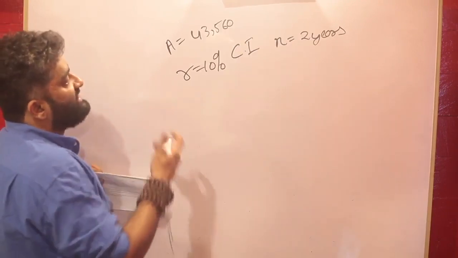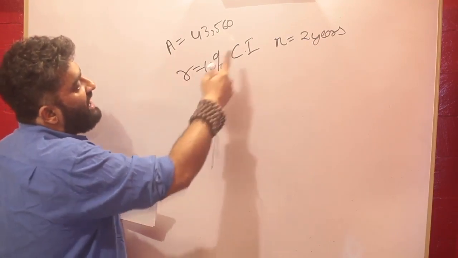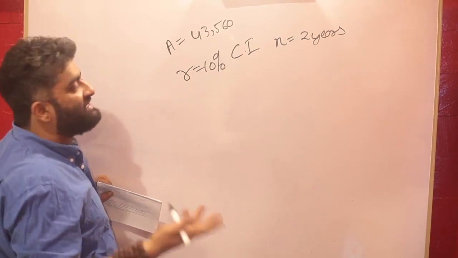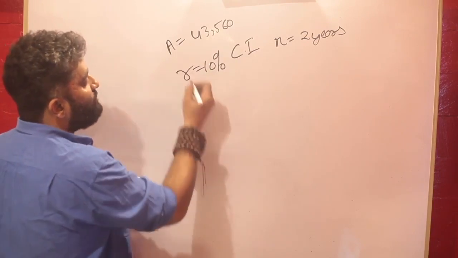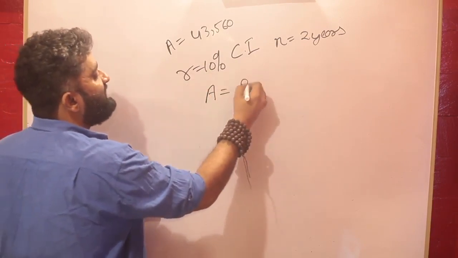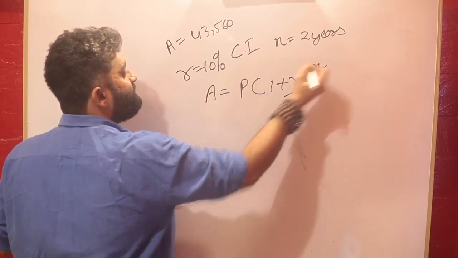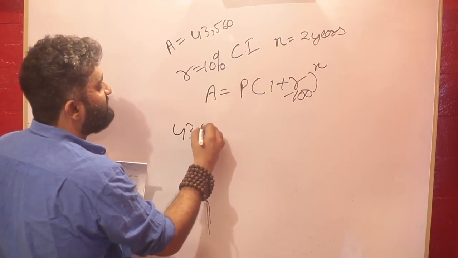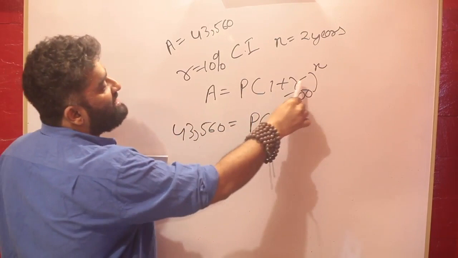In this example, the amount is given, the rate of interest is given, and the time period is given. So what is missing? We have to figure out the principal. Again, start with the formula. I know A is equal to P into 1 plus R by 100 raised to N. I know the amount, so plug that value here: 43,560 is equal to P into 1 plus R by 100.